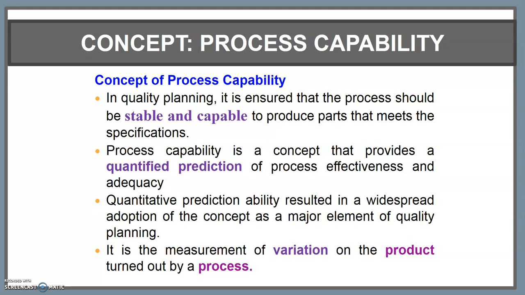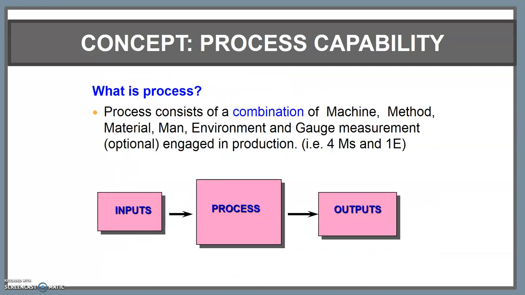Before I go deeply into the concept of process capability, we have to learn what the process is first. You have to understand what the process stands for. A process is a combination of machines.